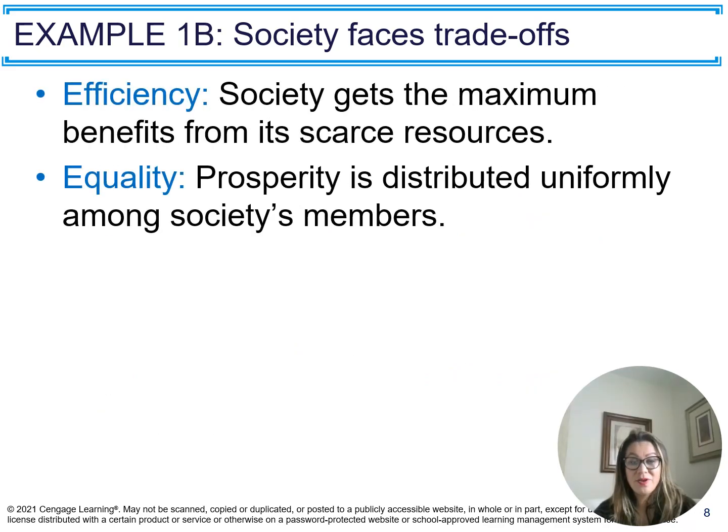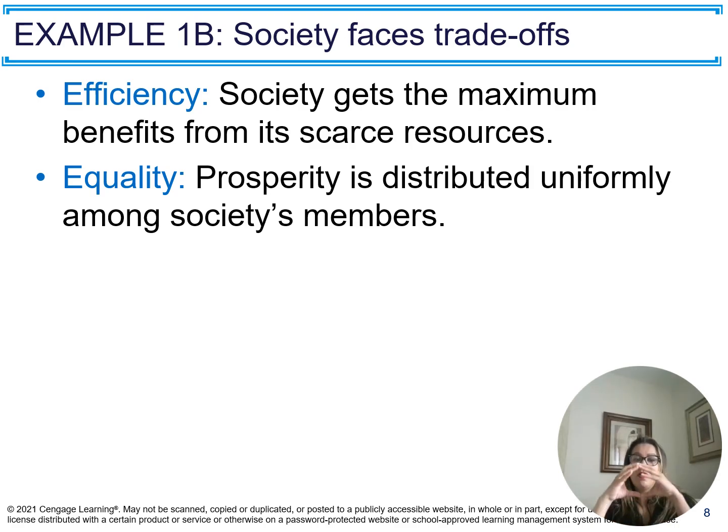A very important trade-off in economics, and something that is going to be asked in the exam, is the trade-off between efficiency and equality. Efficiency is how society gets the maximum benefit from its scarce resources. If the resources in an economy were a cake, let's suppose that we only have a cake for everybody to share and to eat.